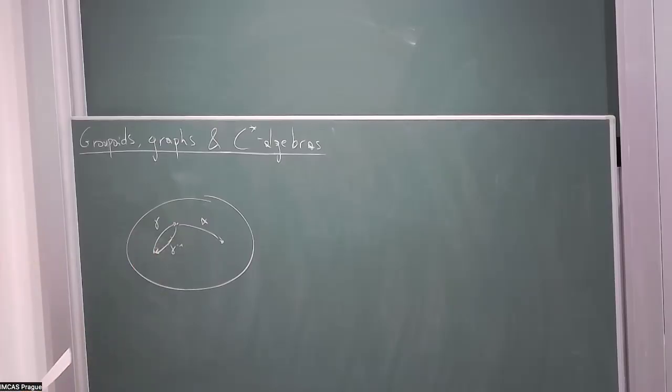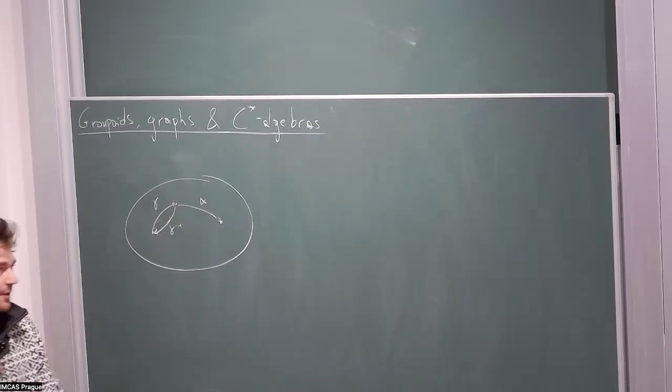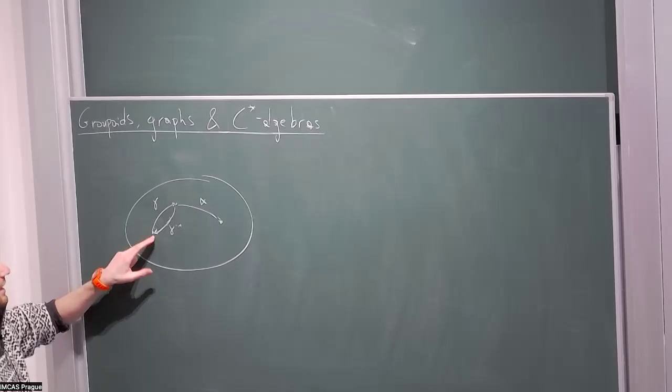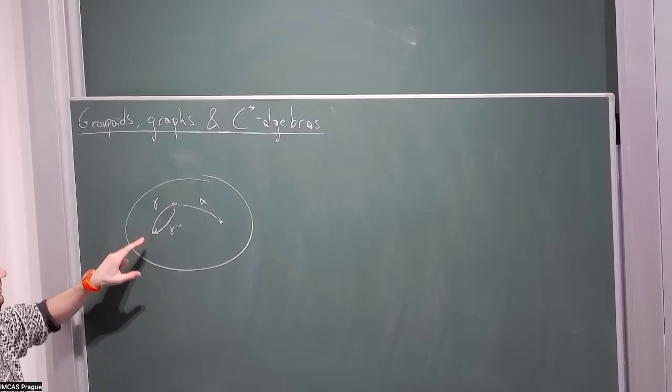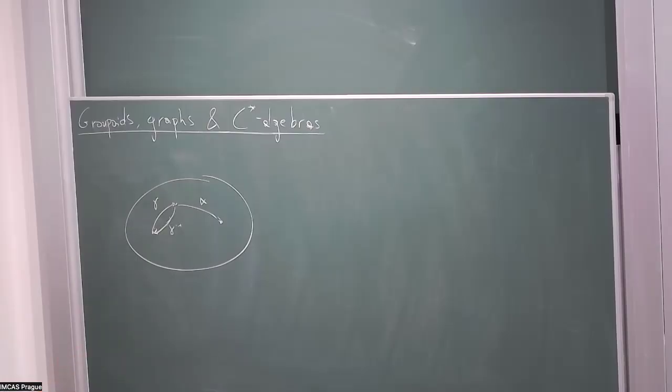And really what you should be thinking about as being the groupoid are the morphisms. So we identify, for example, this object as the morphism gamma inverse.